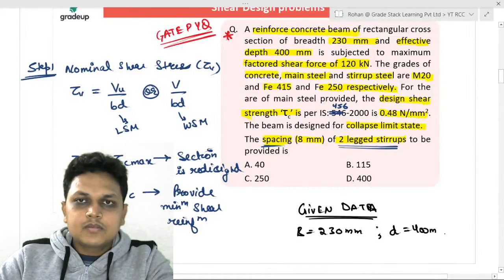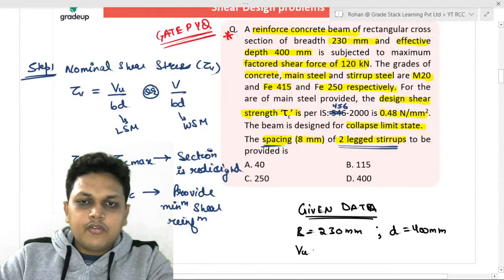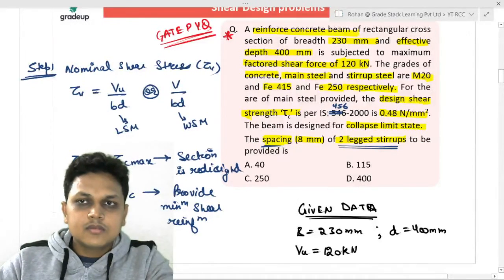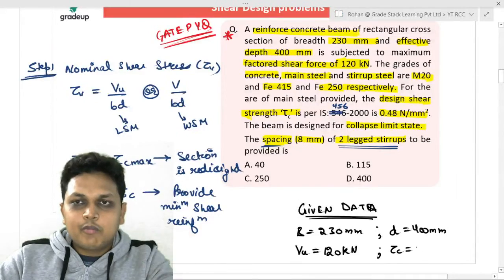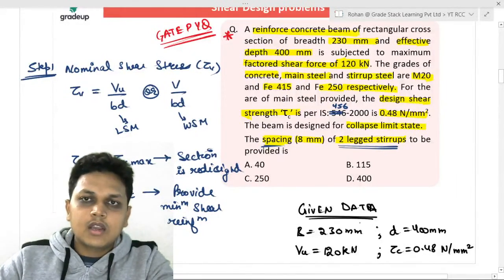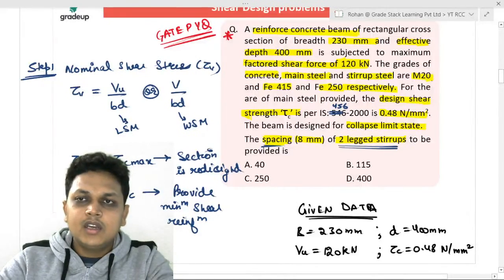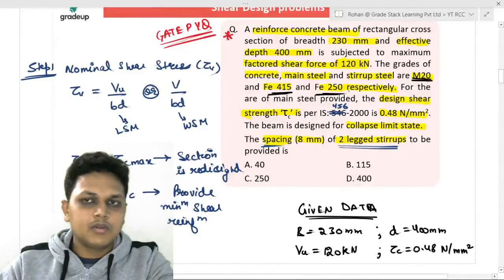Factored shear force is given as 120 kilonewton. And tau c value is given as 0.48 Newton per mm square. Rest is the grade of concrete, grade of main steel and grade of stirrup, which is given to us.